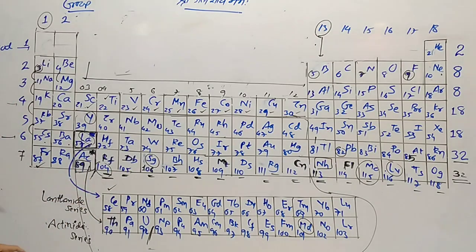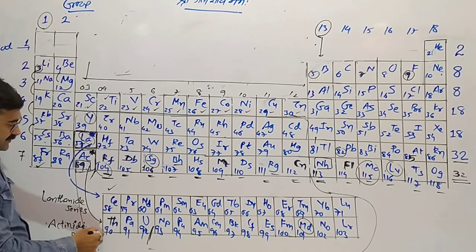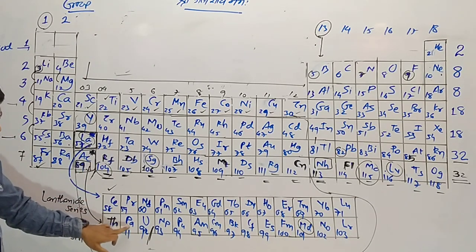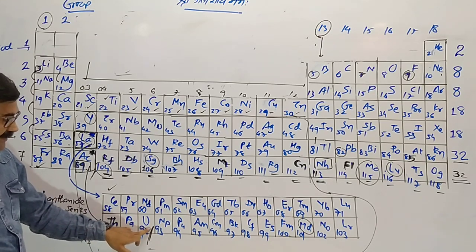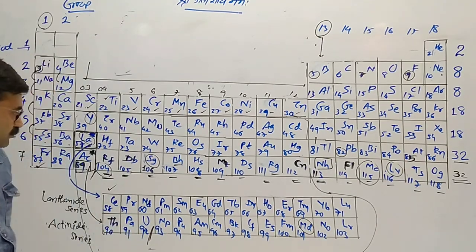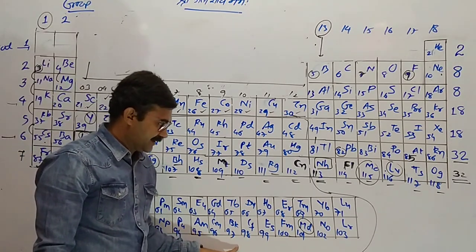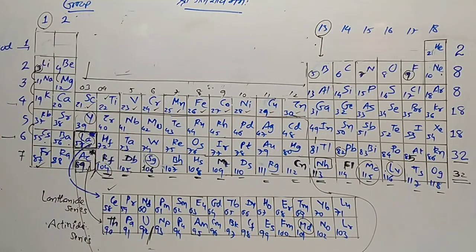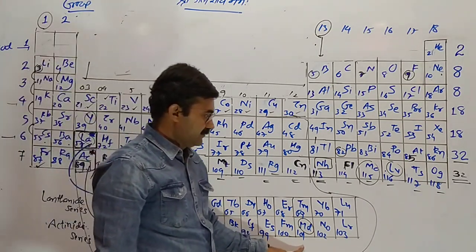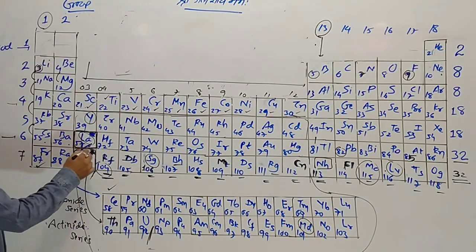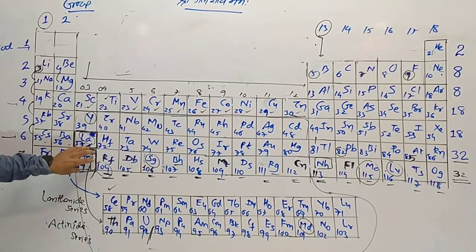Then after actinium, here also 15 elements, which are actinium and another 14: thorium, protactinium, uranium, neptunium, plutonium, americium, curium, berkelium, californium, einsteinium, fermium, mendelevium, nobelium and lawrencium. The 14 are present here in one box.